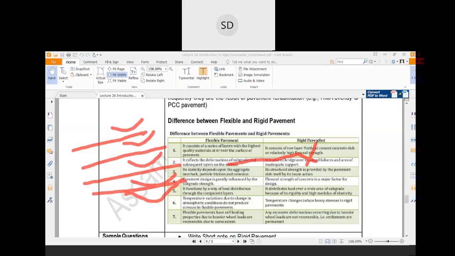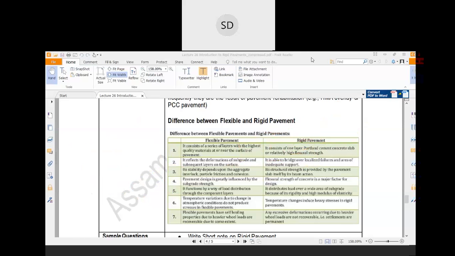But in the rigid pavement, if there is any damage to the subgrade layer, then the PCC layer above would act as a bridge over these portions, and this damage cannot be transferred over the layer.